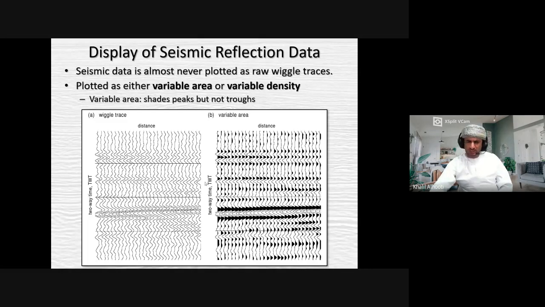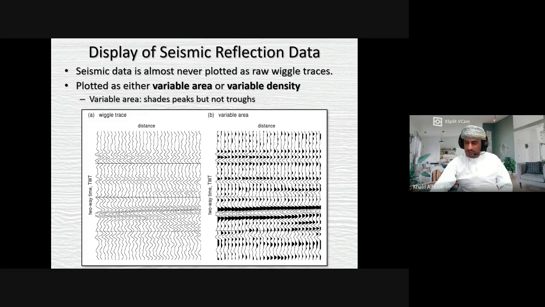Variable density usually is the most common one, but people who are working in processing, they try to display the data in this format to at least appreciate the data, to find anything wrong with the data. Maybe this format helps.